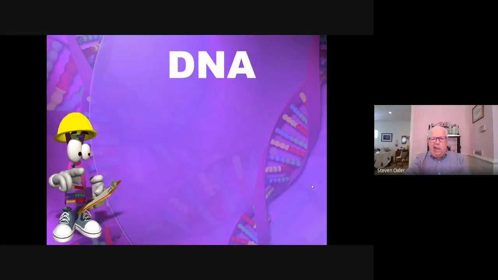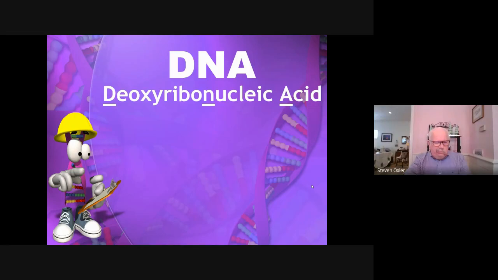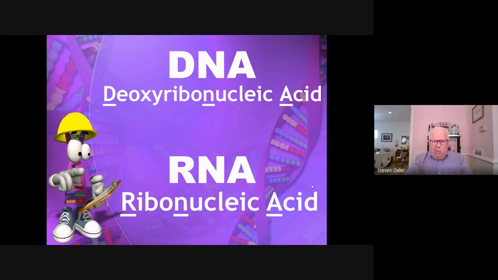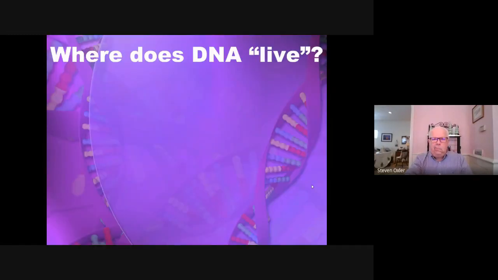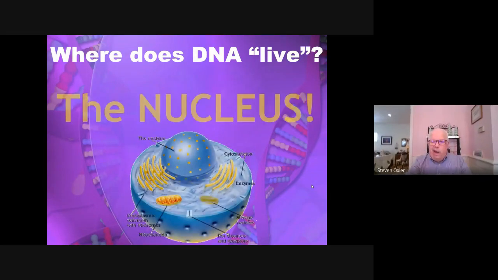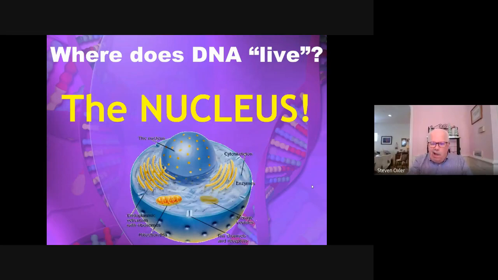All right, DNA and RNA. DNA, what is it? Deoxyribonucleic acid, DNA. What is RNA? Ribonucleic acid. Where does DNA live? Well, it lives in the nucleus, and it also lives in the mitochondria.